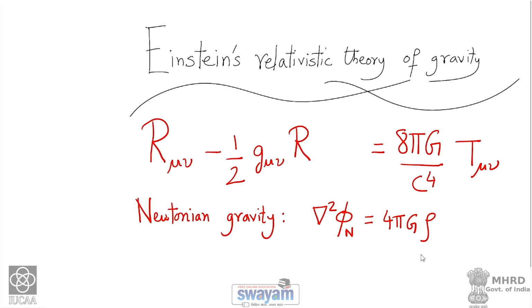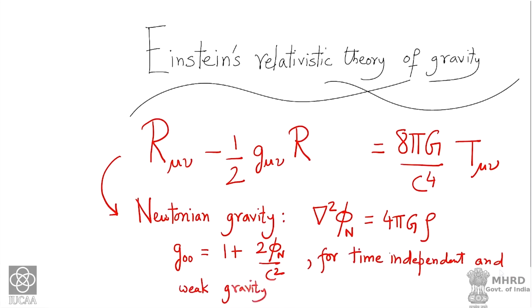One can show that this follows from the Einstein equation in the weak field limit, where g_00, the 00 component of the metric tensor, is given by 1 plus 2 times the Newtonian potential divided by c squared, and for static gravity the Newtonian gravity can be derived from the Einstein equations.